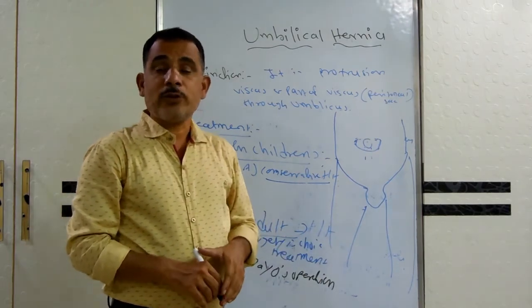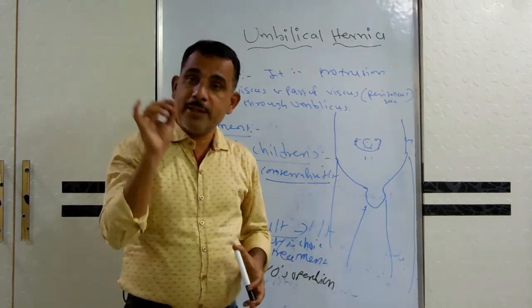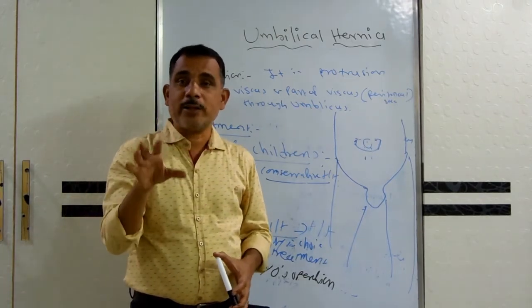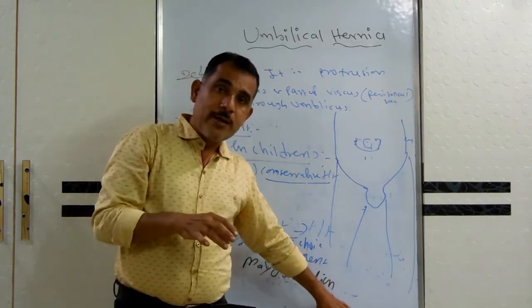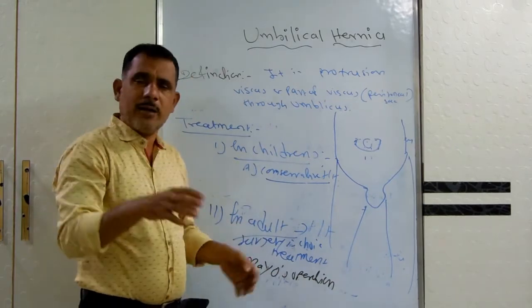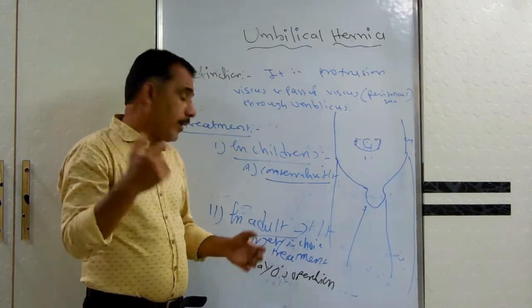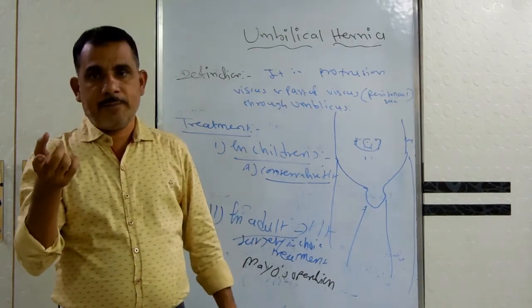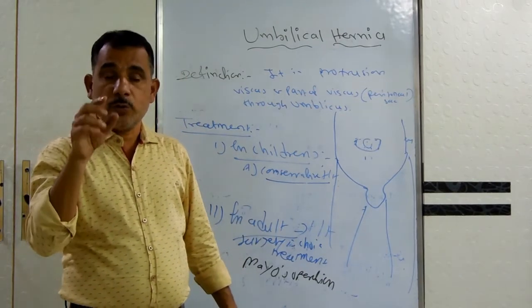Umbilical hernia also can be treated with homeopathic medicines. There are no medicines in allopathy for umbilical hernia. So either in children conservative treatment, or in adults conservative treatment is not useful, but medicinal treatment in homeopathy is.